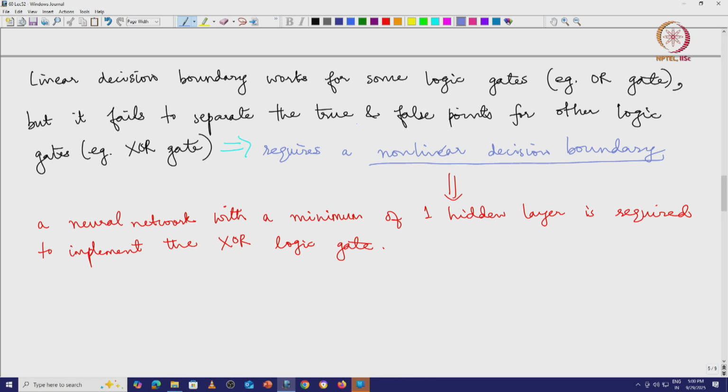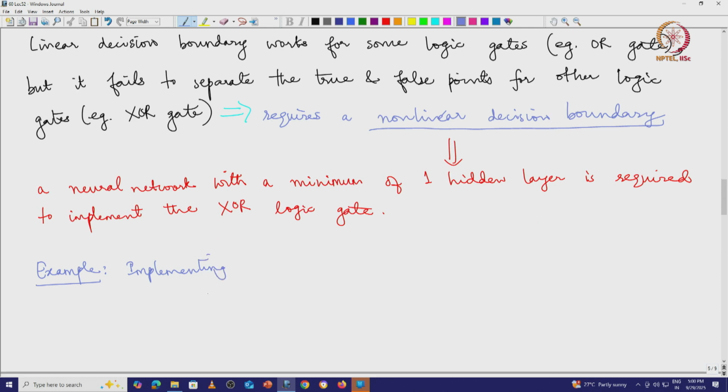So we are going to take the example of implementing the OR logic gate with a feed forward artificial neural network with fully connected layers.